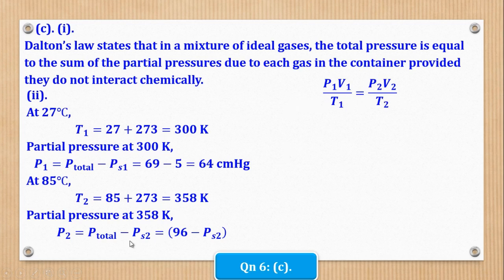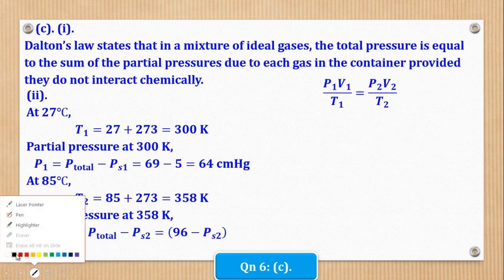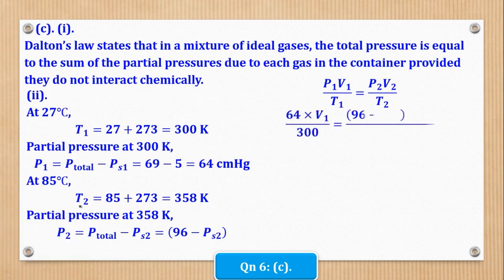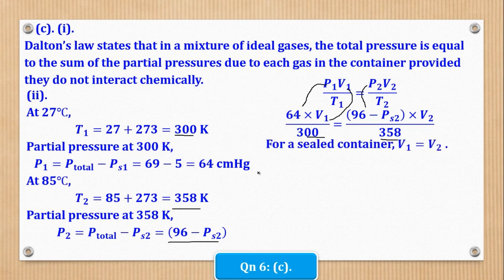Next is to substitute. Where there is P1, I'll put 64. V1, I don't know it, so I'll first leave it as V. P2, I'll put what I've already calculated here, and V2, I don't know it, so I'll leave it there. T1 is here, and T2 is there. But we know that the container was sealed. What does that mean?